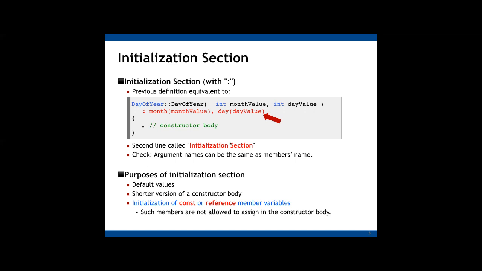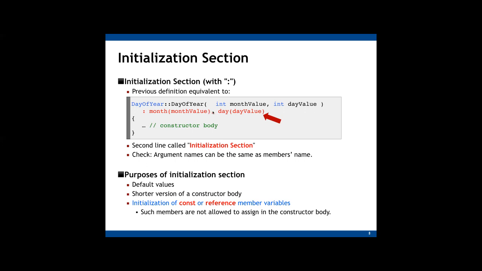Since we can initialize member variables inside of the constructor body, what is the advantage of using these initialization sections? First, the initialization section is a good place to set a default value for each member variable.